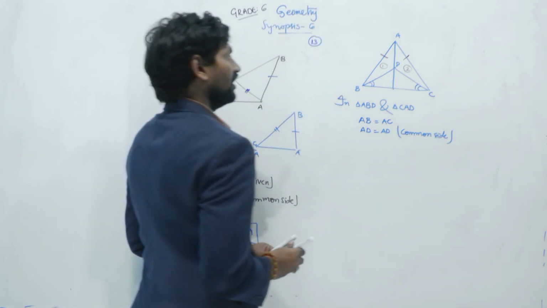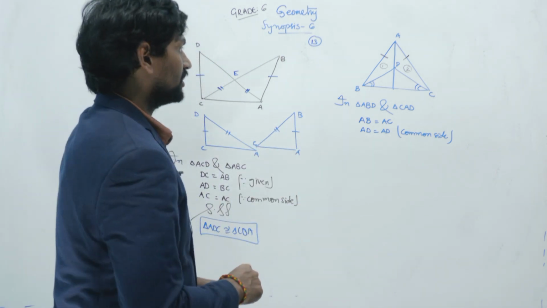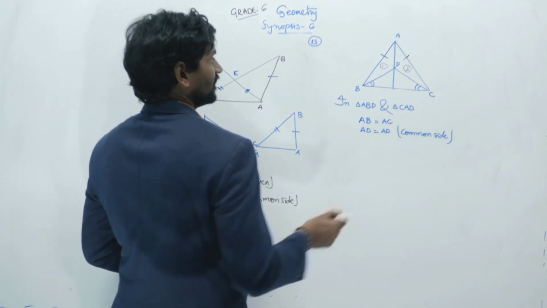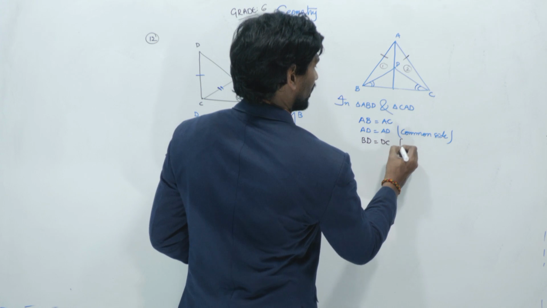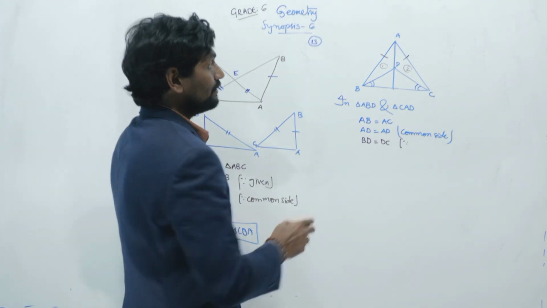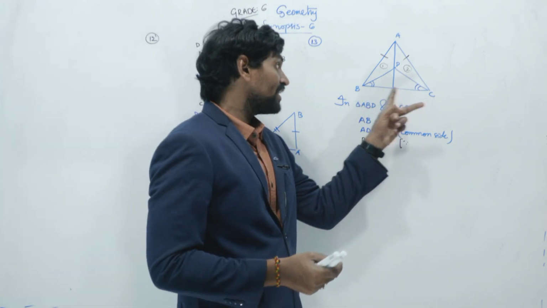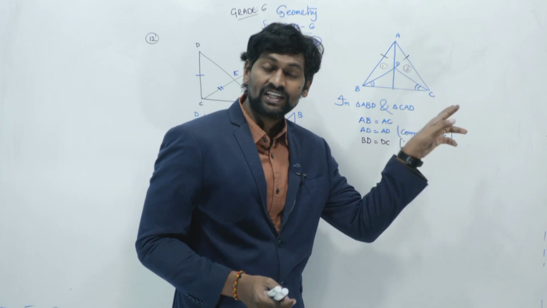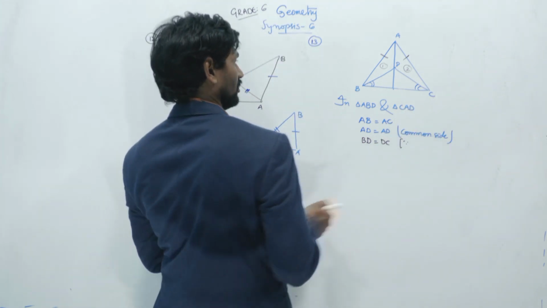Any other measurements here? We need a third measurement. The third measurement is BD equals DC. How can we take BD equals DC? Because triangle BDC is isosceles: the base angles are equal in this triangle, and if base angles are equal, their opposite sides are also equal.